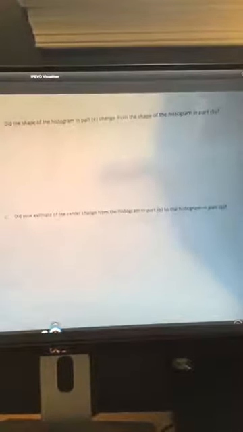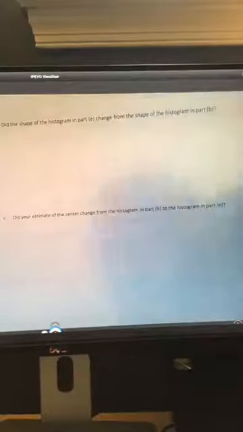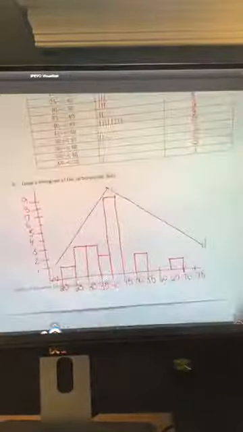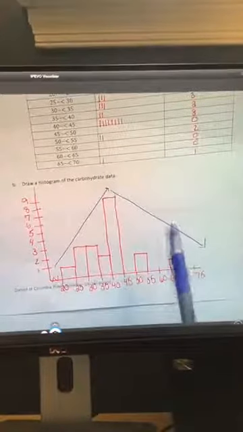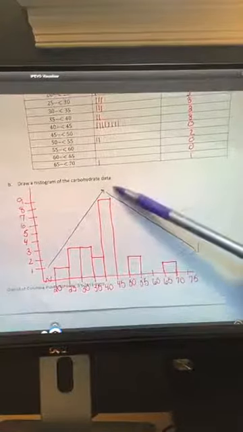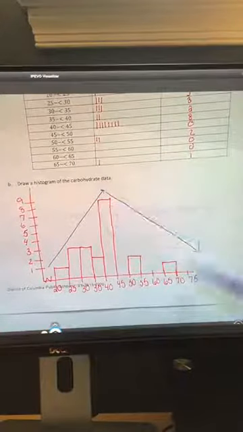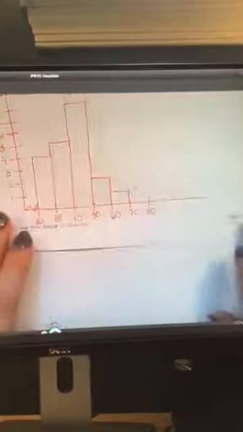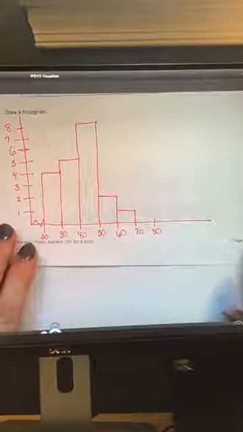All right. So did the shape of the histogram in part E change from the shape of the histogram in part B? So what that means is, when we made this graph, we said it was symmetric. And we said it was symmetric because our highest data point was in the middle. But when we look at this graph, what would we say the shape of this histogram is?